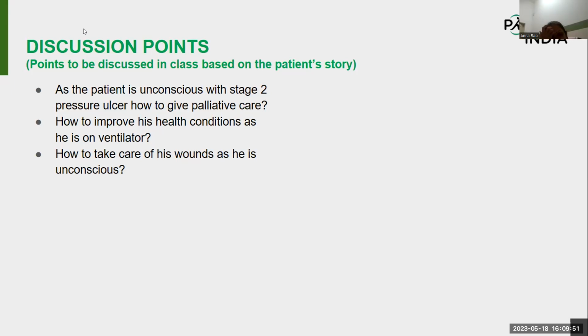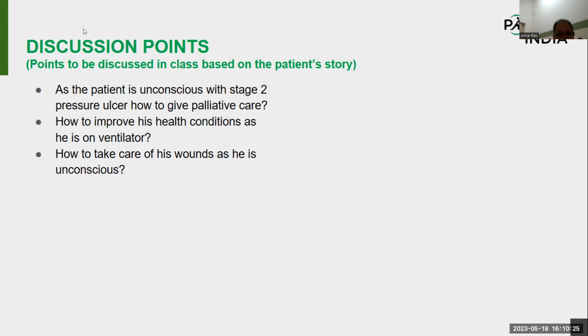Yes, so what we will do, patient is on ventilator, so it is one hurdle, you can say, how to go about it. Many patients, when they are in ICU, they develop bed sores, right? Because we are after saving the life, but in that the patient becomes uncomfortable.